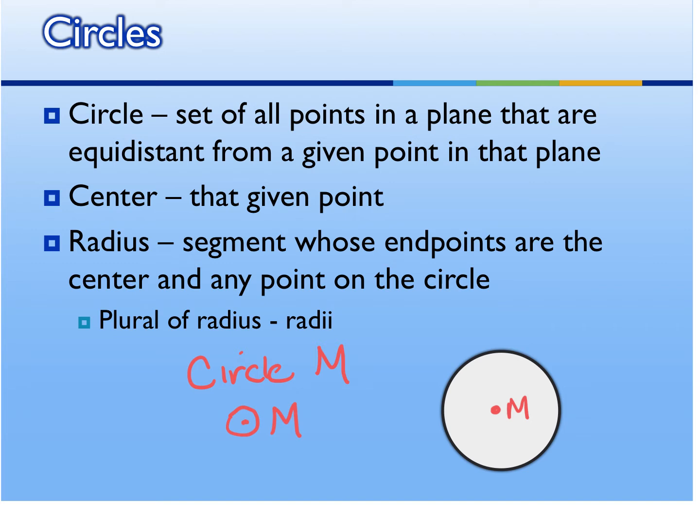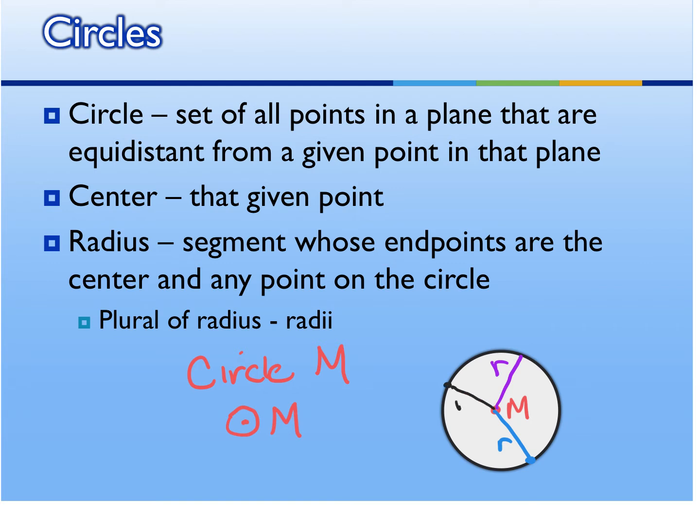The definition of a radius is the segment whose endpoints are the center and any point on the circle. The plural for the word radius is radii. So I could draw a bunch of radii in here. Again, it's going to go from the center to any point on the side of the circle. So this would be a radius. I could draw another radii this way. I can draw a lot of radii in here.